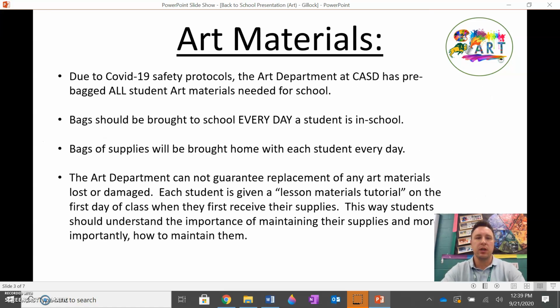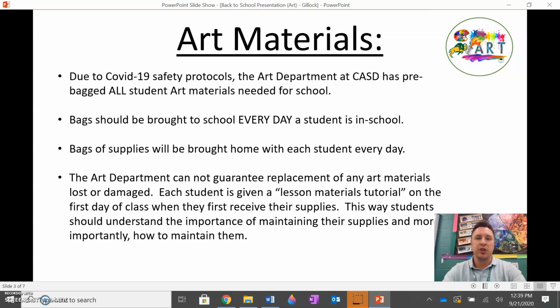So art materials. Due to the COVID-19 safety protocols, the art department has bagged all student art materials needed for school. Basically the materials that your child has, they need to bring home every day and also bring to school every day, including their drawings. Already I've had a few students say that their parents told them not to bring their stuff, at least that's what they say.